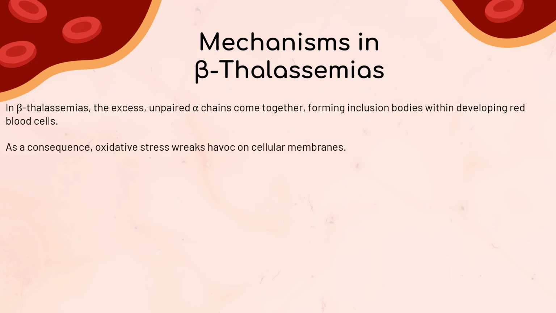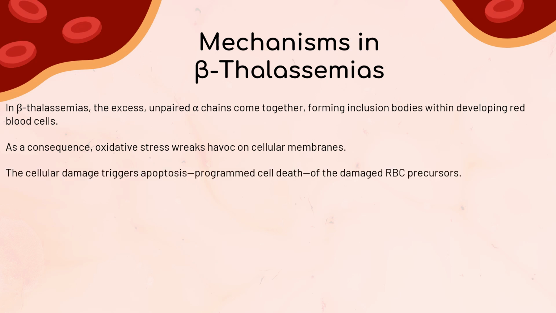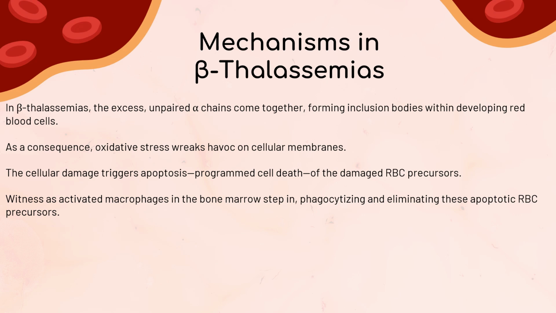As a consequence, oxidative stress wreaks havoc on cellular membranes. The cellular damage triggers apoptosis, programmed cell death, of the damaged RBC precursors. Activated macrophages in the bone marrow step in, phagocytizing and eliminating these apoptotic RBC precursors.